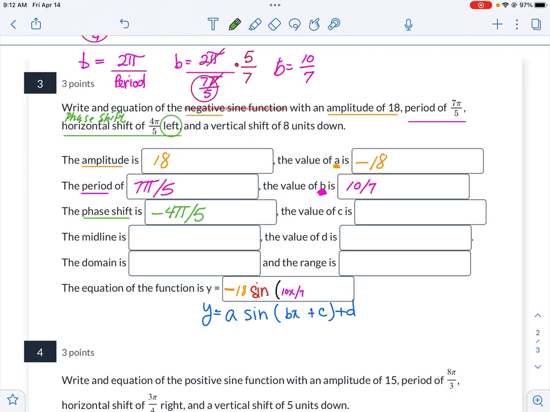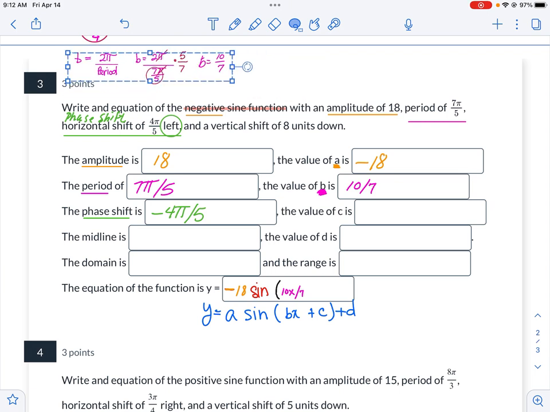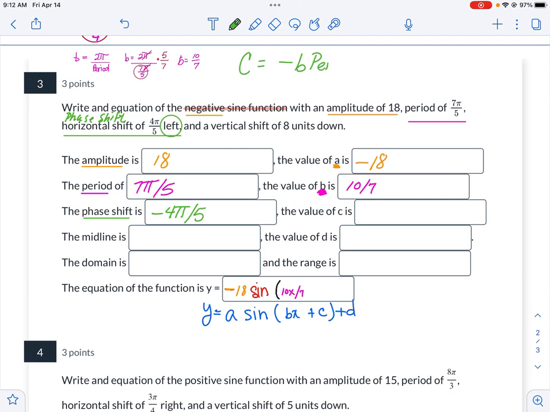So then I need to use that rule. So that rule, let me pull this stuff and make it a little smaller. So this rule is going to be that c is equal to the opposite of b times the phase shift, if I'm looking for c.